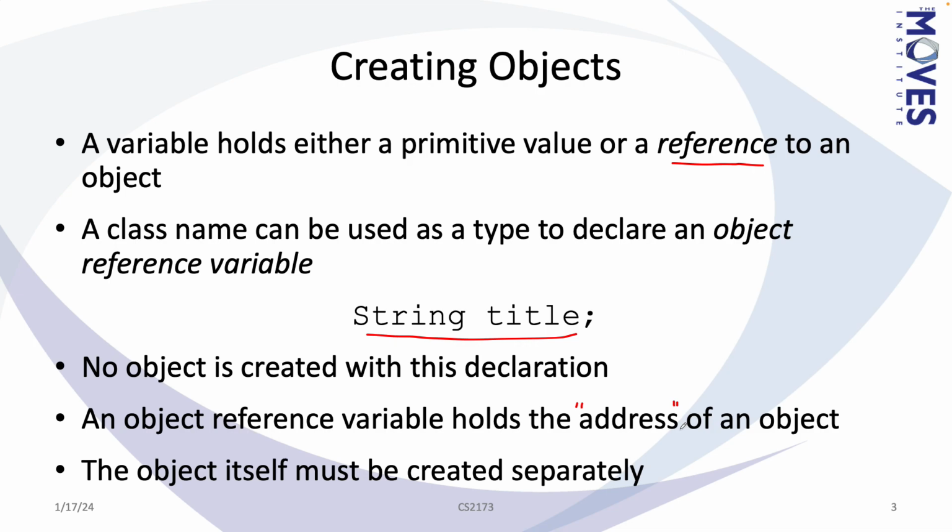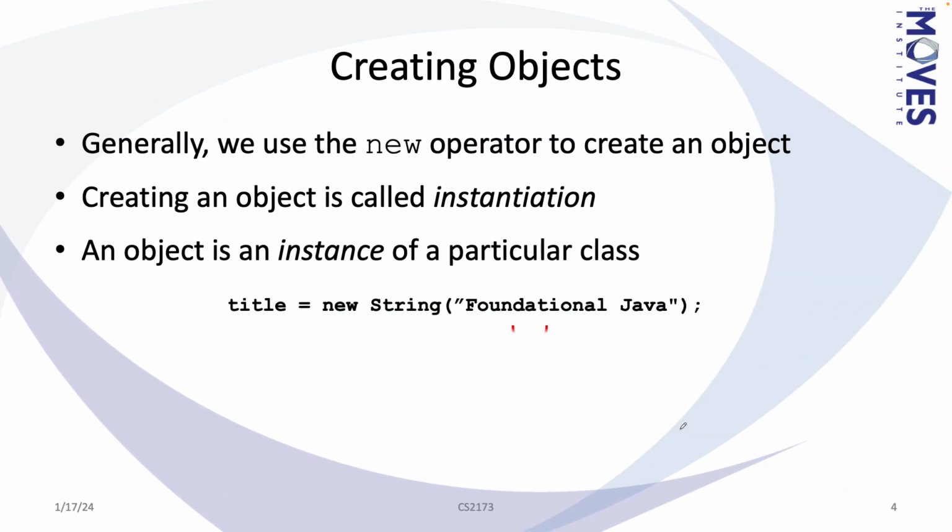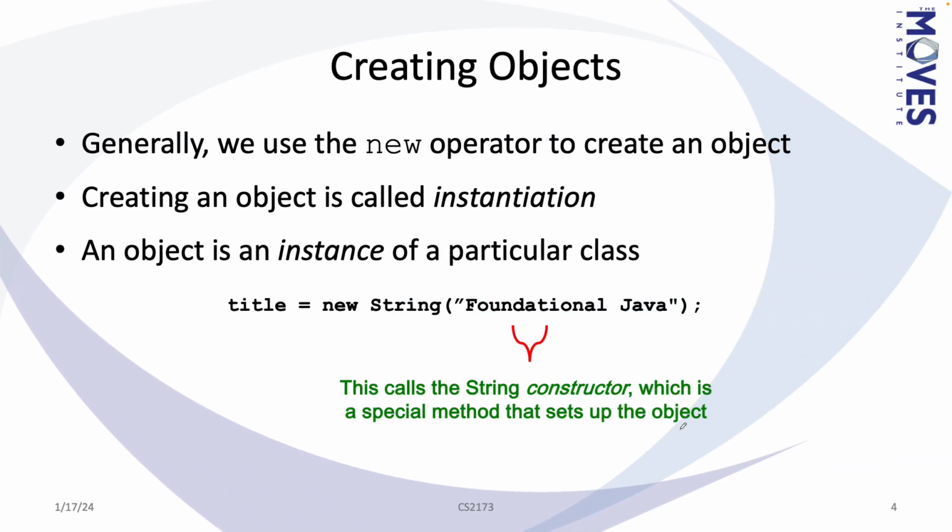Okay, so now the object itself has to be created separately, and how do we do that? With two exceptions, every object is created using the new operator. What new does is always new followed by the name of the class.